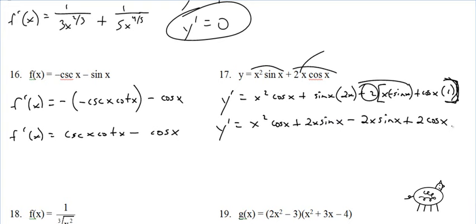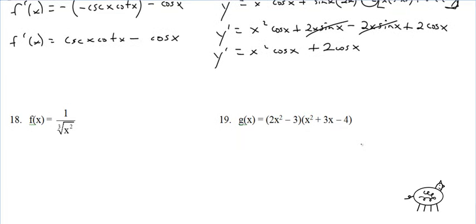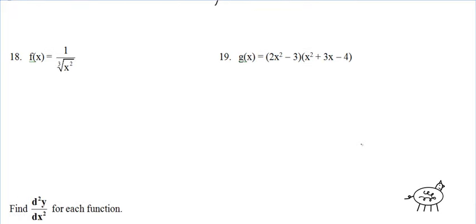Okay, so it's a little complicated here. And these guys cancel, right? It's kind of nice. So I get y prime is equal to x squared cosine of x plus 2 cosine of x. Okay? Half the battle, calculus is actually pretty easy. Half the battle, or most of the battle, is actually the algebra.